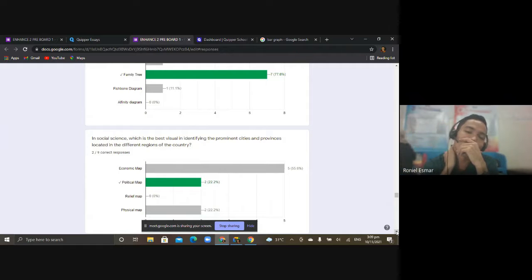Now we'll be able to see the amount of money, expenses, or expenditures per provinces. Dili nato makita nga mapa. That's why the correct answer for this is the political map. No, if it's the prominent cities and provinces located in different regions lang ato ang lantawon.